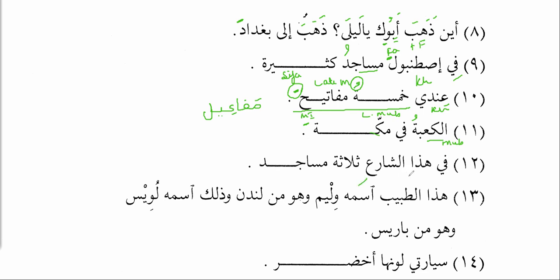This is our shibh jumla, the early khabar. Fi hadha shari'i. This too is one word, right? Thalathatu, late mubtada. Thalathatu masajida. Same rules applying here. Idafa, number name, and this is from 3 to 10.